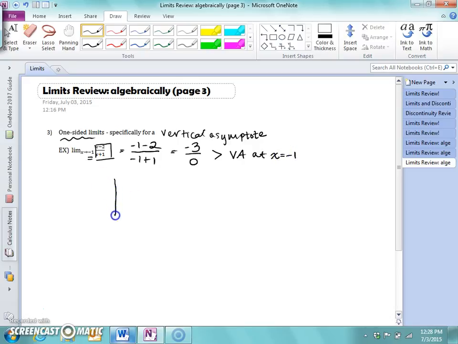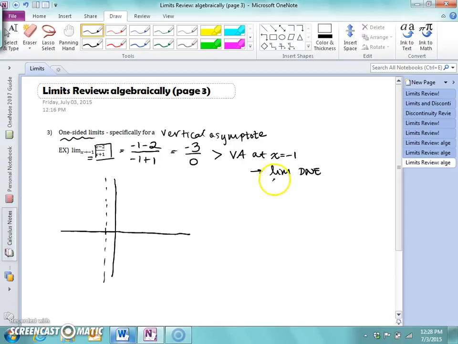So to see what's actually going on, let's look at this graph here. So I have x equals negative 1. Now some people are tempted to right away say that the limit does not exist because there was a 0 in the denominator and we obviously can't divide by 0. But sometimes it's going to be necessary to look at exactly why it doesn't exist and what's actually happening on the left and on the right.